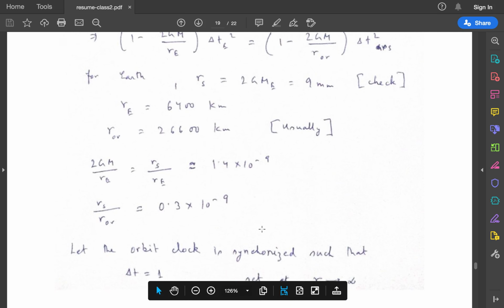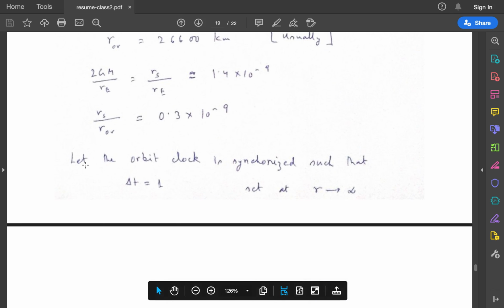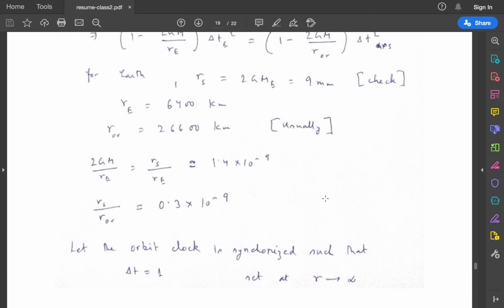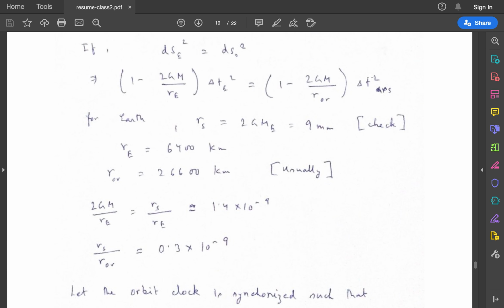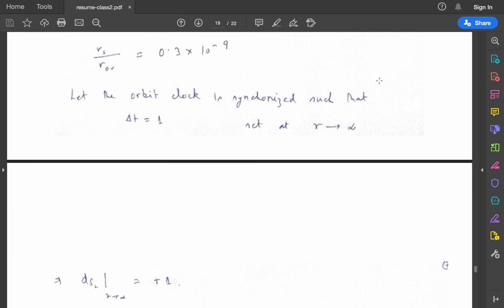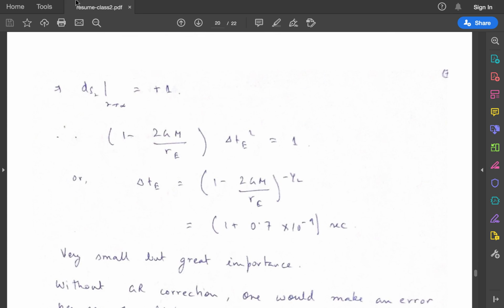Now let us say the orbit clock is synchronized in such a way that delta t equal to 1, which is set at r equal to infinity. If I set delta t equal to 1, delta t GPS equal to 1, which is the clock at r equal to infinity, that means it has no effect of GR. So what we have is ds squared at r equal to infinity is plus 1.